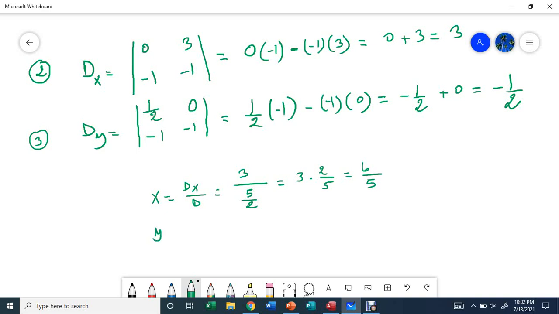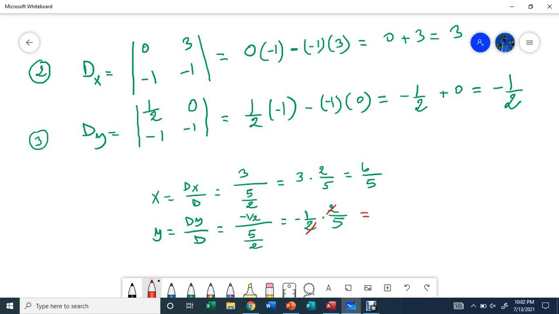For y will be Dy over D, which is negative 1/2 divided by 5 halves, equals negative 1/2 times 2/5, and you cancel the 2's, so the 2's cancel each other.